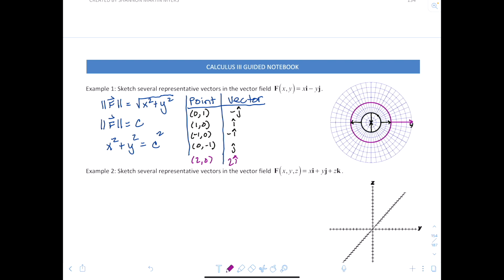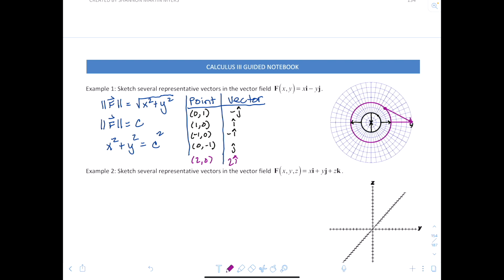And then if you were at pi over 4 on this circle, you'd be what? You'd be like over here, right? And so what would your length be then? You'd end up with a vector that's pointing down here to 4.